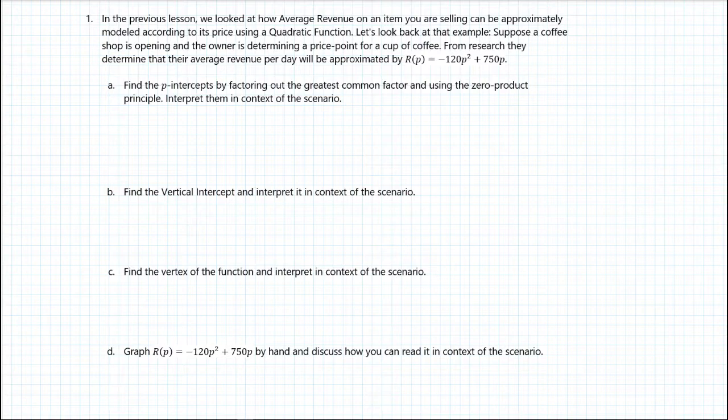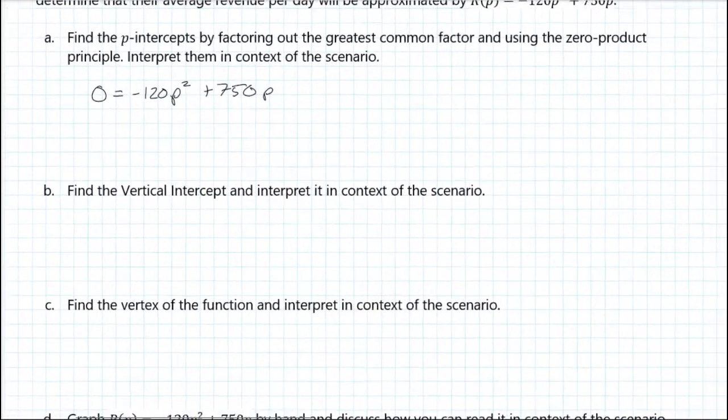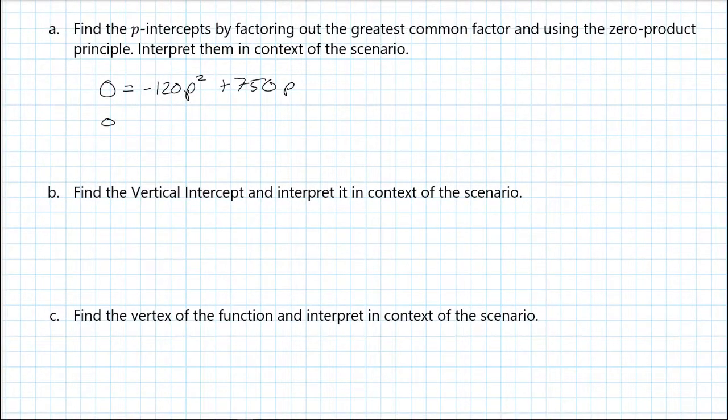So I'm going to set the function R of P equal to negative 120 P squared plus 750 P equal to 0. So I have 0 equals negative 120 P squared plus 750 P. I'll then write 0 equals and factor the right side using a greatest common factor. So we can pull out a negative 10 for sure from both 120 and 750.